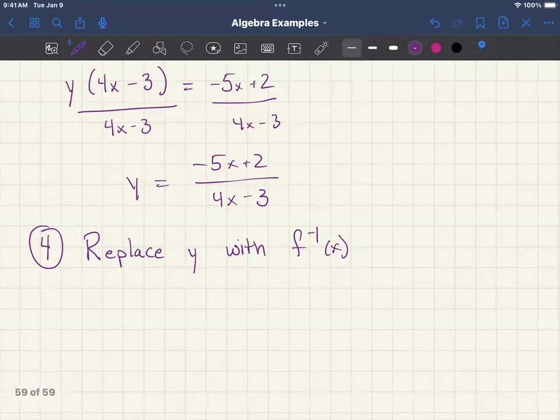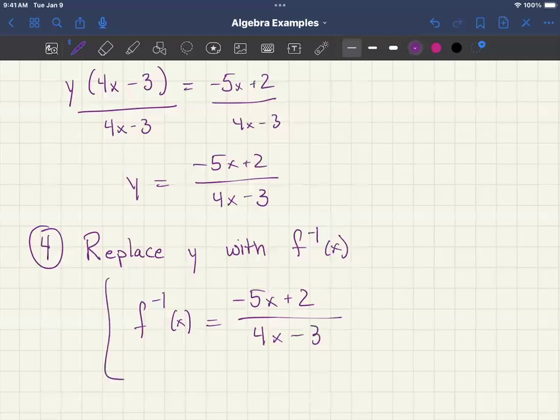So this isn't our original function. This is our inverse function. So we're going to have that negative there. Negative 5x plus 2 divided by 4x minus 3. So there's our final answer right there.